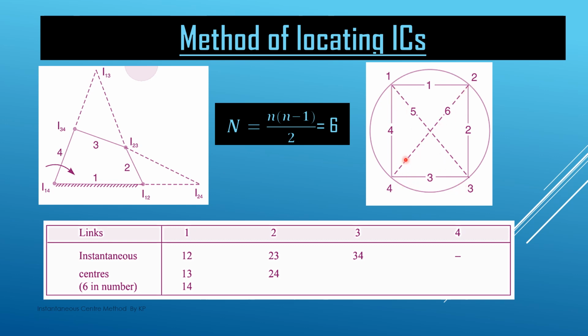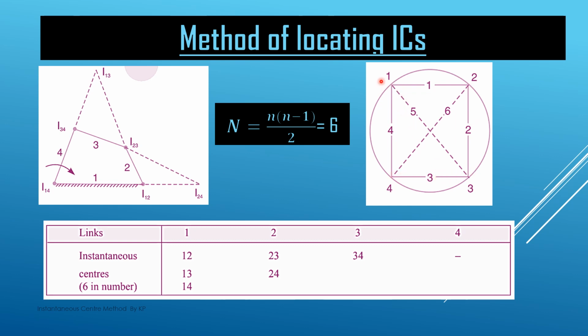Now suppose first we are locating the IC I13. To locate this I13 we have to see that this line is the common side of the two triangles I123 and I143. This 1 3 is the common side of triangle 1 2 3 and triangle 1 4 3.